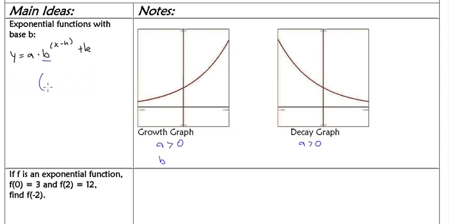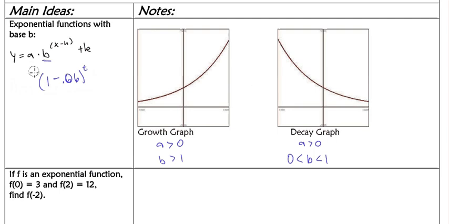When it was 1 plus, let's say 6%, so 1 plus 0.06, you got interest. It grew. It was an exponential growth graph, and so B there is greater than 1. On the flip side, when you had decay, it was minus that 6%, and so if B is greater than 0 but less than 1, you're going to have a decay graph.